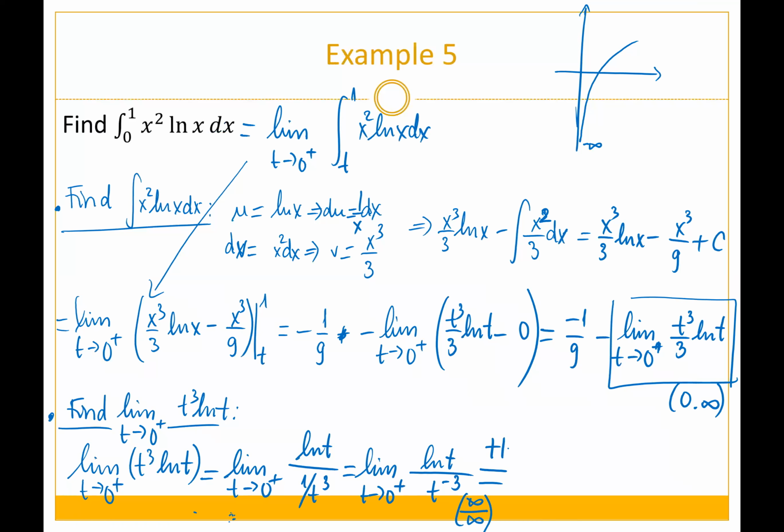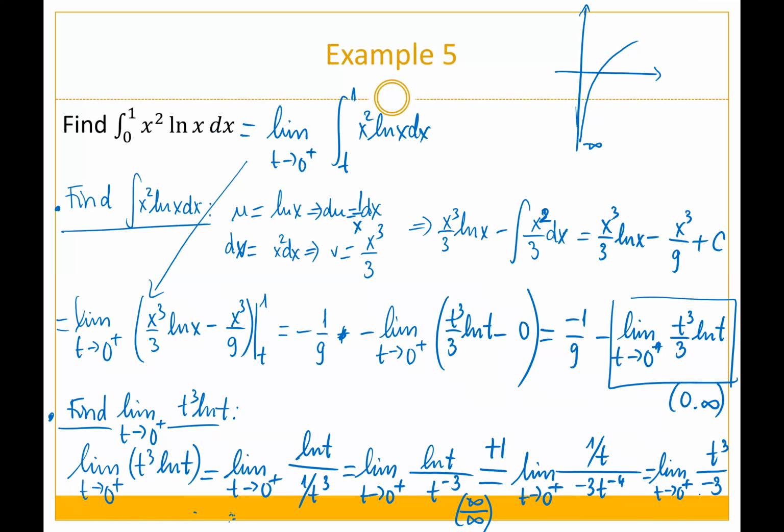So now it's going to be L'Hopital's rule because you have a quotient. The limit of t approaching 0 plus: the derivative of the numerator is 1 over t, and of the denominator is negative 3 t to the negative 4. This step is just purely algebra, and so it's going to be t cubed over negative 3.